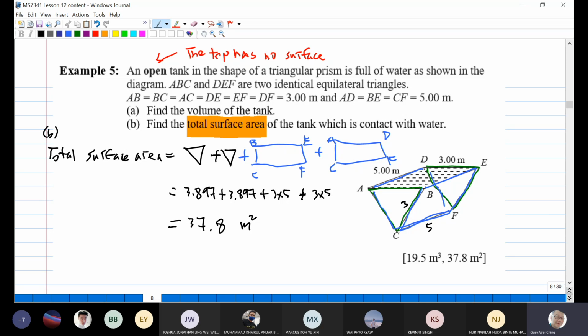Remember, the top has no surface. So you don't need to count A, B, D, E, right?